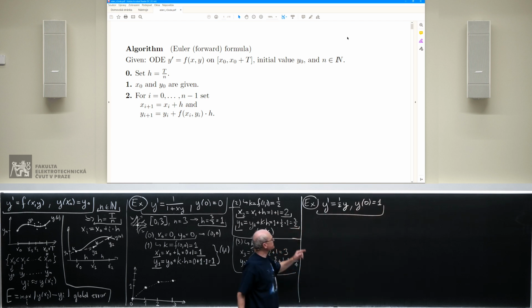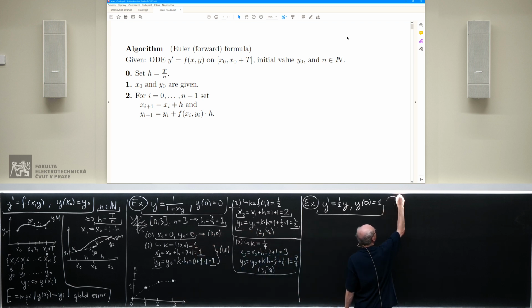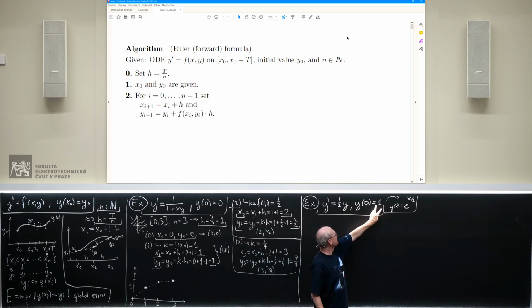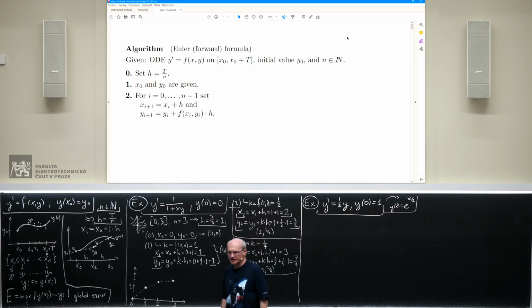And we know that this initial value problem has a very nice solution, namely y(x) is equal to e to x over 2. Very nice. If I didn't use the value 1 here, but a different one, then this constant would appear in front of the exponential. So things work really nicely with this equation.